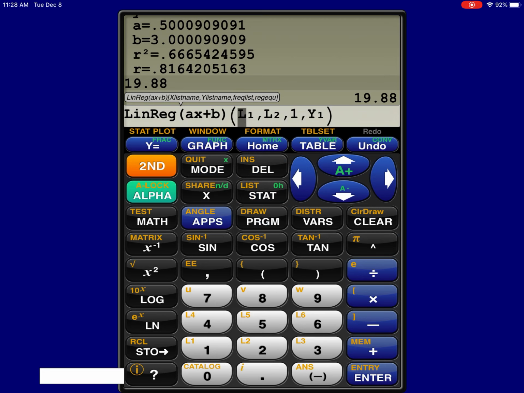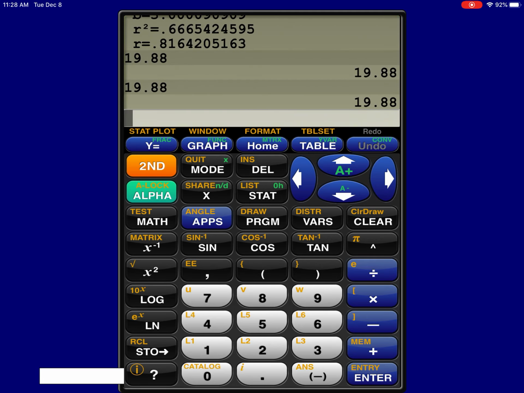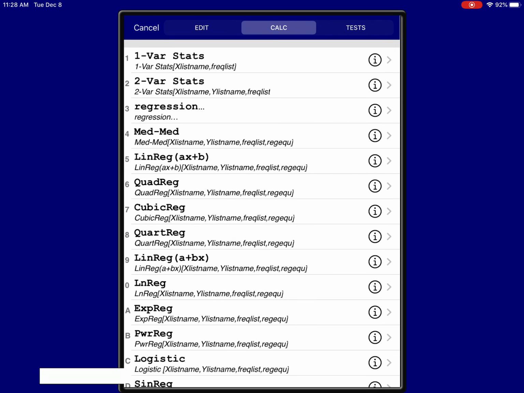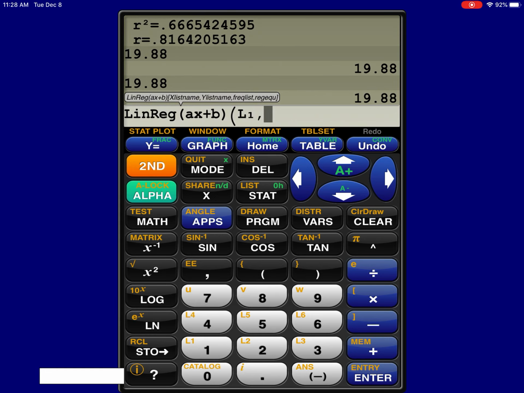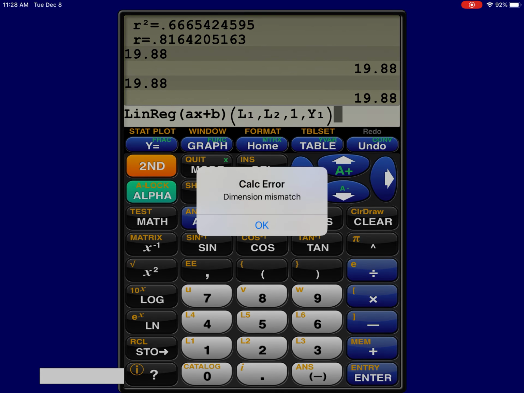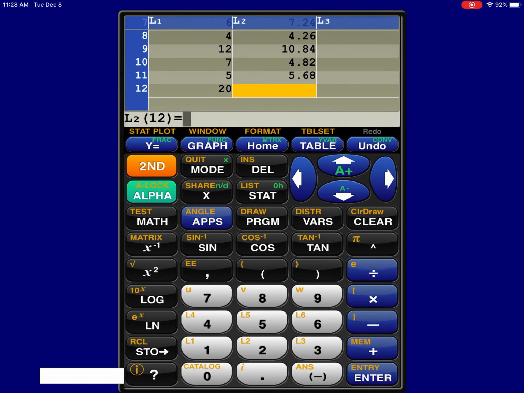Dimensions mismatch. Okay, if you ever see that, stat, edit, notice how list 1 is longer than list 2 right there, so I needed to enter 19.88. Okay, stat, calc, linreg, L1, comma, L2, comma, 1, comma, vars, y1. And it still says that. What happened? I need to press enter.